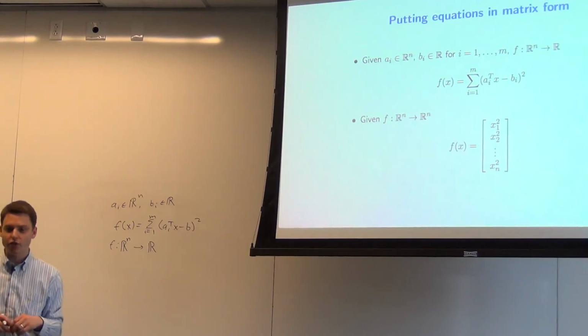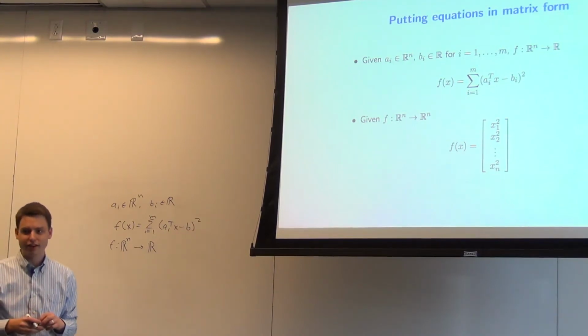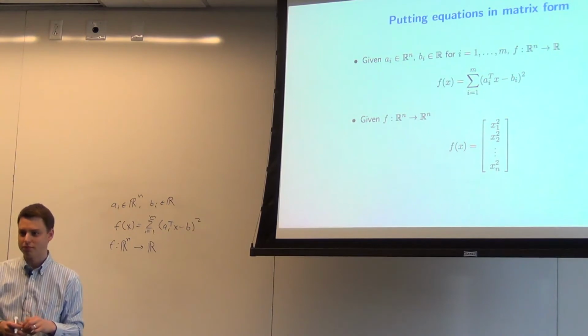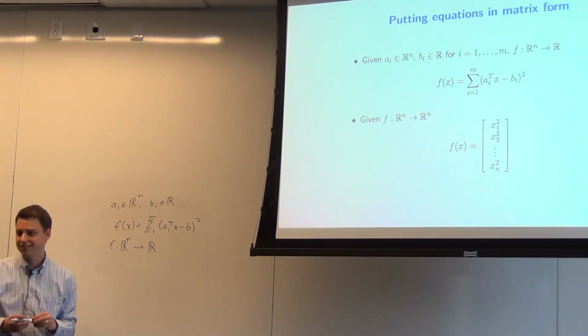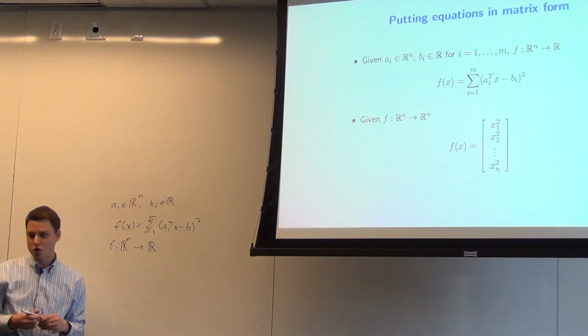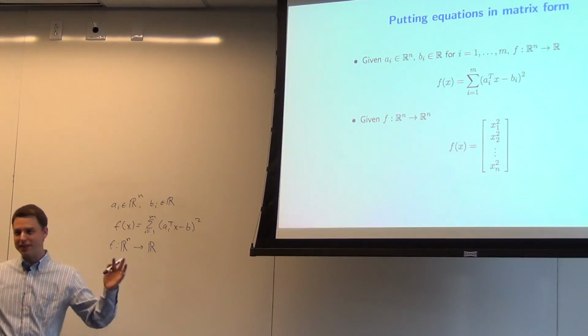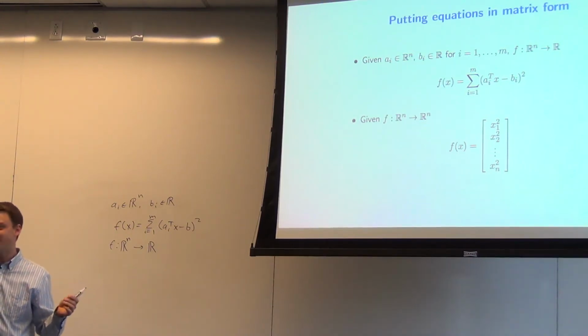So how do I convert that to vector form, matrix form? Who wants to yell out what it is? You'll have to define some matrices to do this, by the way. You'll have to say A or big B or something equals something.